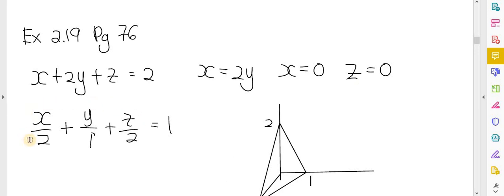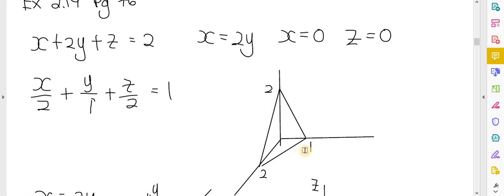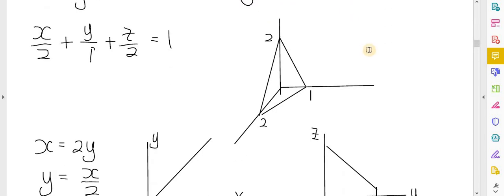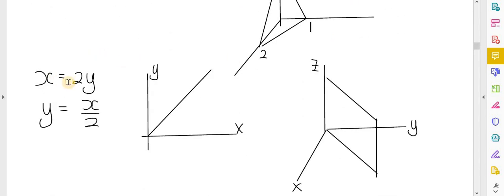So I will show you how to simplify this one in order to get a triangle plane. Next we focus on all these planes. When x equals 2y, you can simplify it, or you can rewrite it to be this way. I think you have no problem when you need to draw these equations.